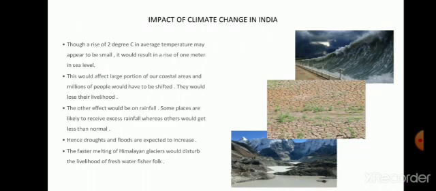2. This would affect a large portion of our coastal areas and millions of people would have to be shifted. They would lose their livelihood. 3. The other effect would be on rainfall. Some places are likely to receive excessive rainfall, whereas others would receive less than normal rainfall.